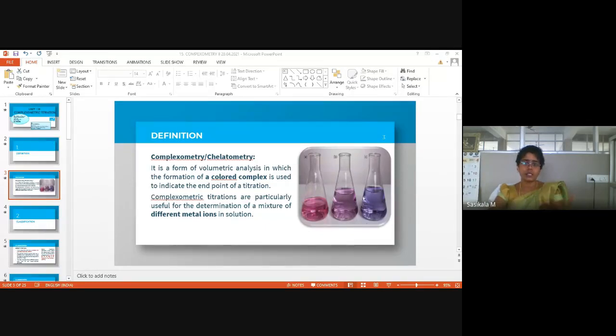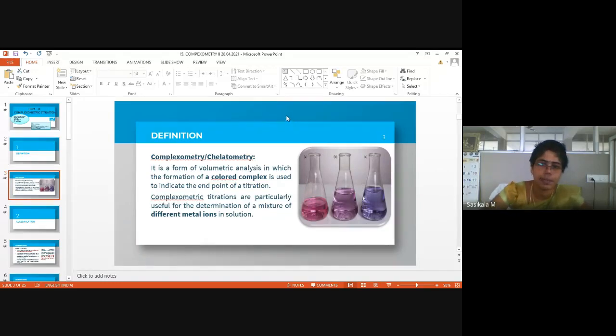Similarly, complexometric titration is applicable only for metal ions. It is applicable for the assay of metal ions. So if you see a drug molecule with a metal ion, mainly heavy metals, bivalent ions, particularly bivalent ions like calcium, magnesium, and zinc, those bivalent ions will be analyzed by complexometric titration.